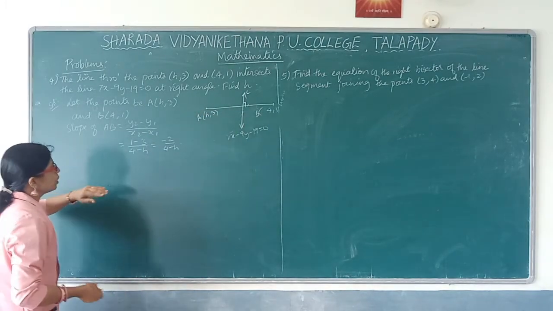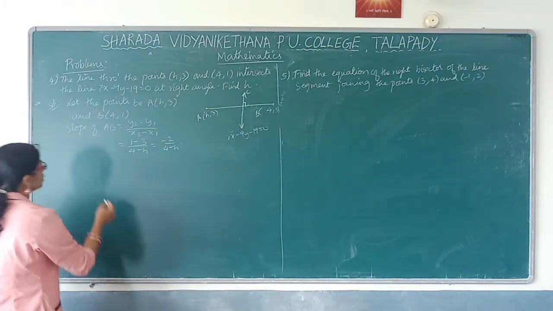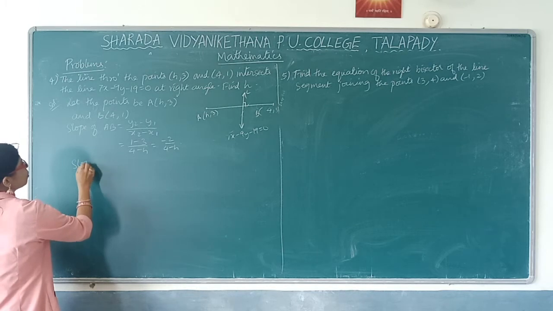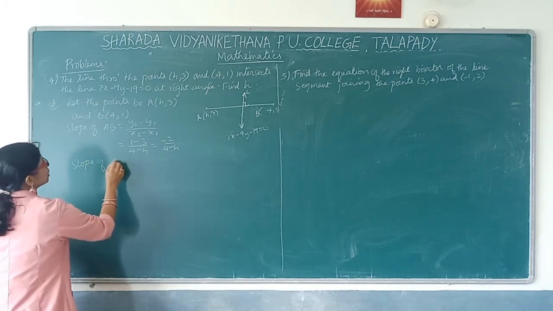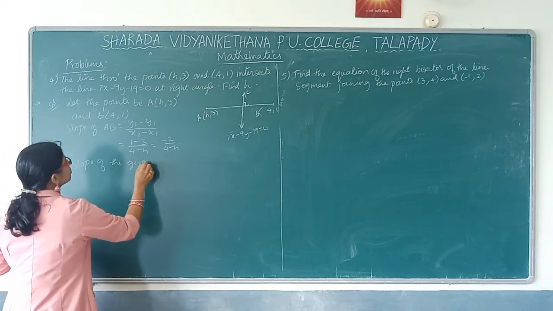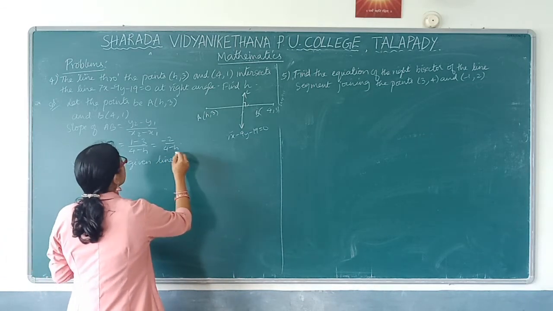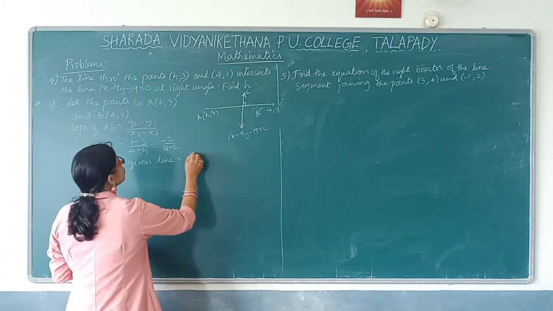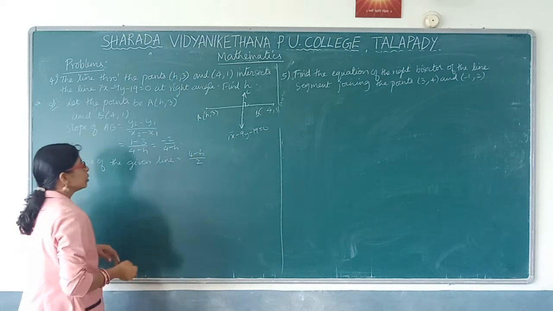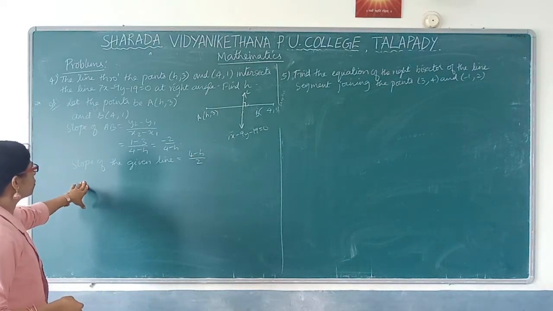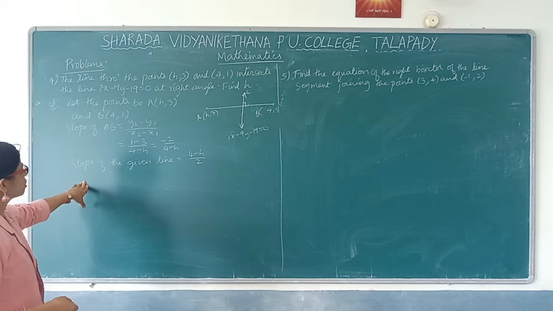But AB is perpendicular to the given line, isn't it? So the slope of the given line is the negative reciprocal of this, 4 minus h by 2. So after getting the slope, how can we find the value of h?